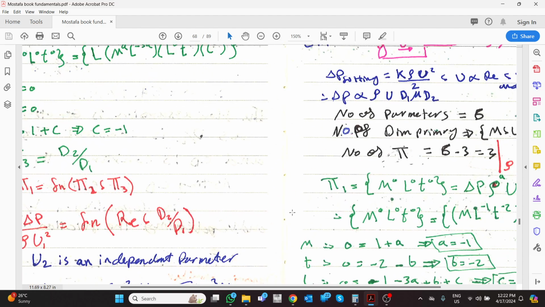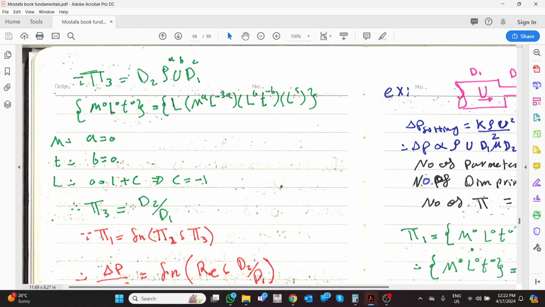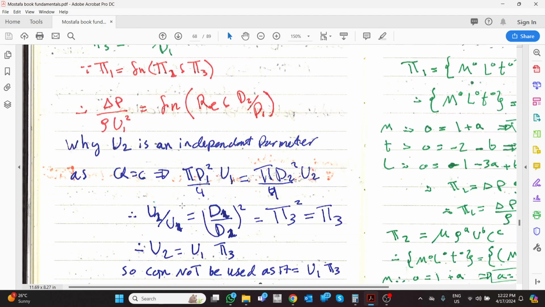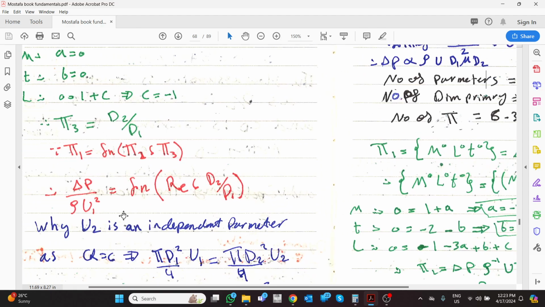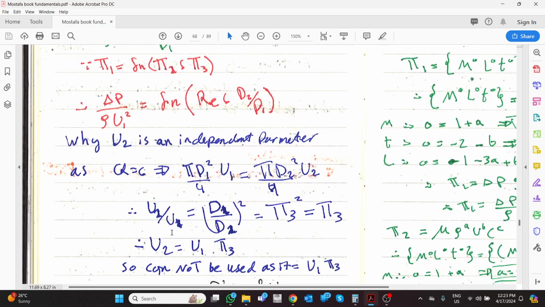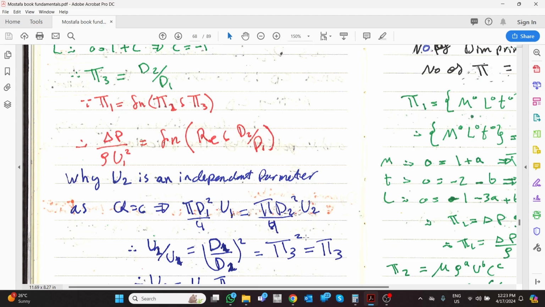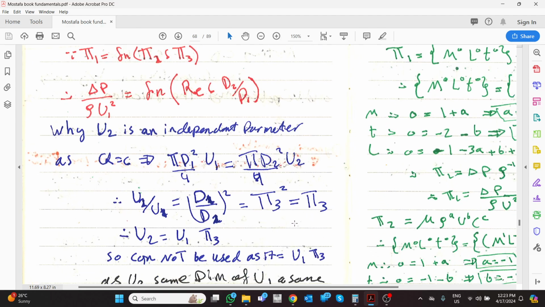What happened here? We know that pi 3 is d2 by d1, and we know from continuity that u2 by u1 equals d1 by d2. It is okay if we take the inverse, and even if we square it, it's okay. What does that mean? It means u2 over u1 is a function of a pi. Of course, this pi will not equal the other one, but the point is it's a dimensionless constant.